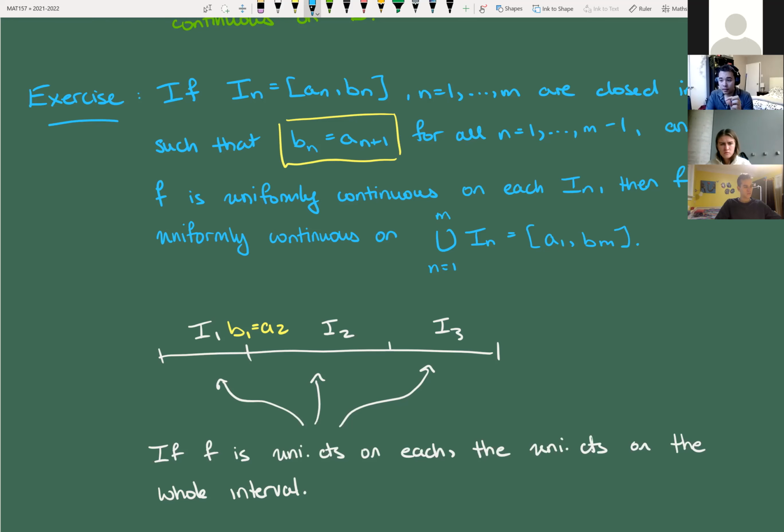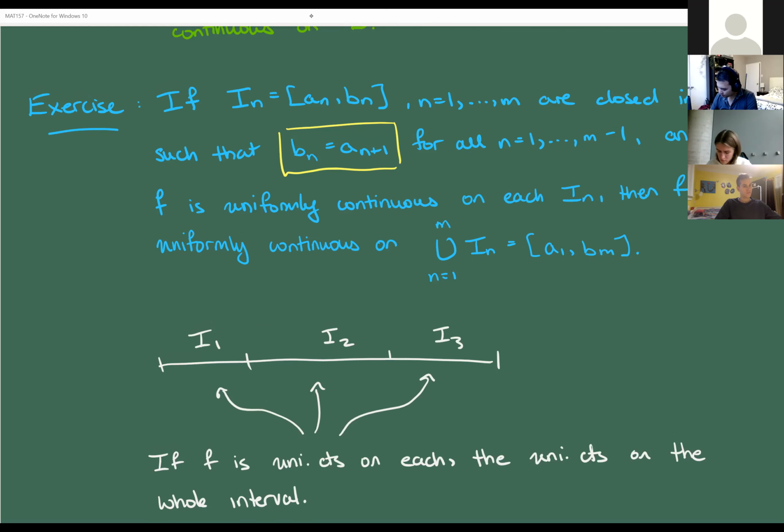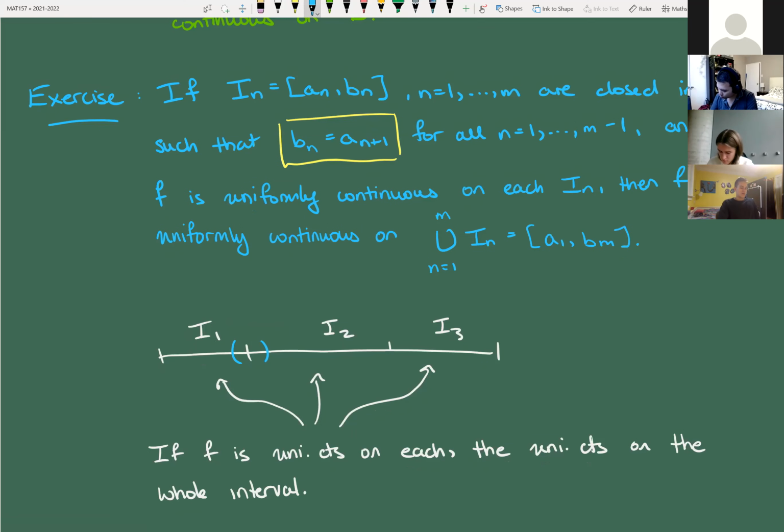There's a little bit of trickiness that you need to check. So for example, when you're looking at what happens if you choose 2 points around the joining point, like the welding point, you run into a little issue: what happens if one of these points is in I1 and one of these points is in I2?